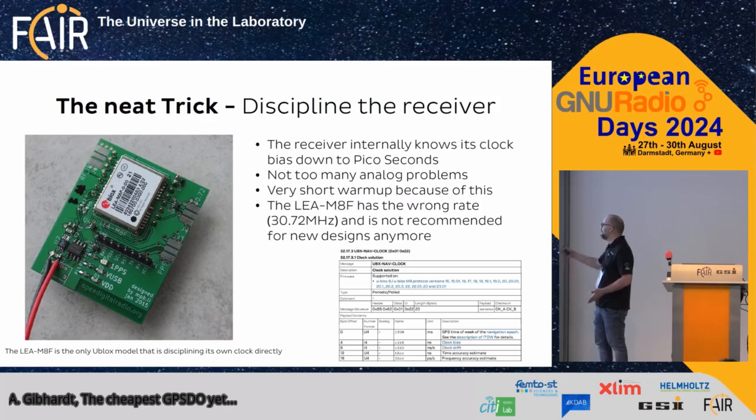For example, with the nav clock message that has the so-called clock bias, that is a regularly updated value of the drift between the receiver's clock and the GPS clock in nanoseconds per second. Just null that value if you control it and you have synchronized your clock.